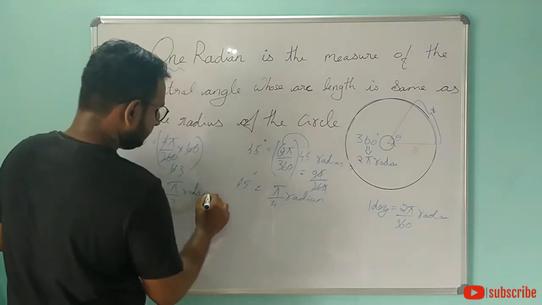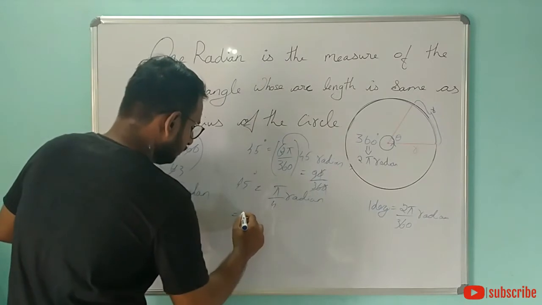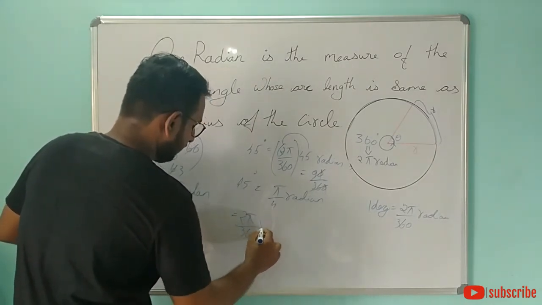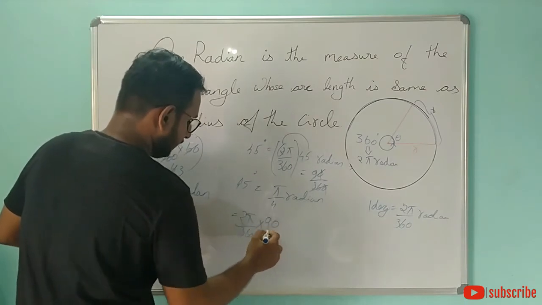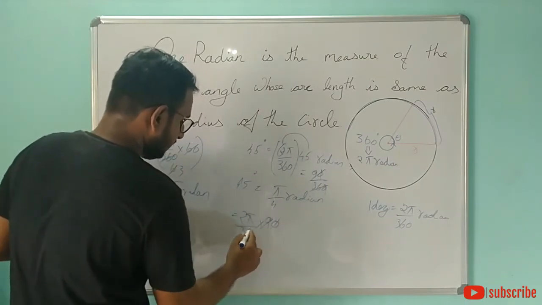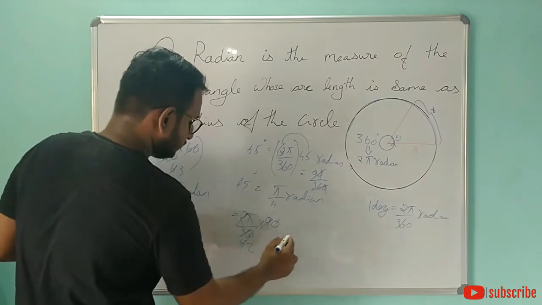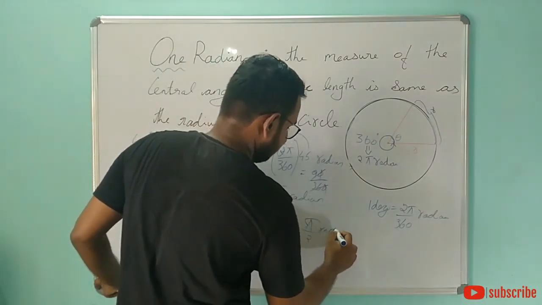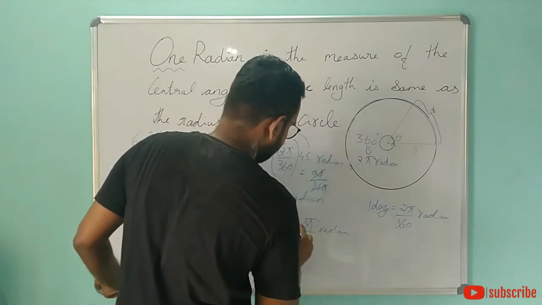For 90 degree the same logic applies: 2 pi by 360 into 90. The zeros cancel, 9 fours are 36, so we get pi by 2 radian. This is the value for 90 degree.